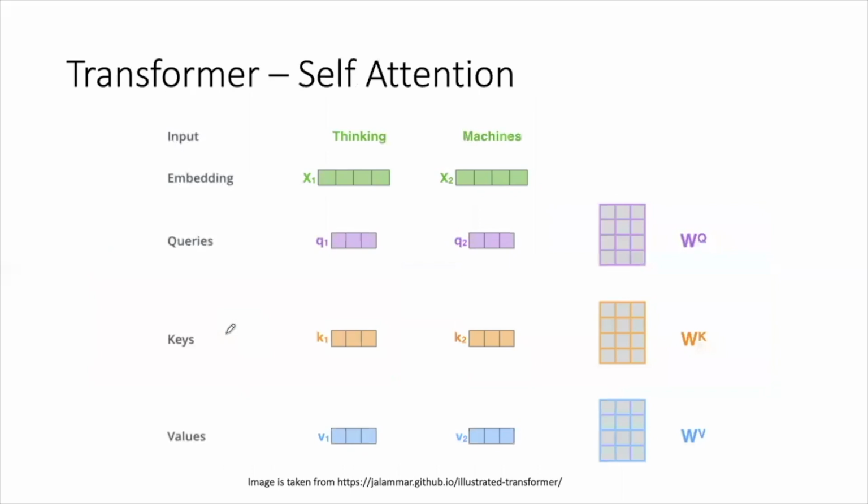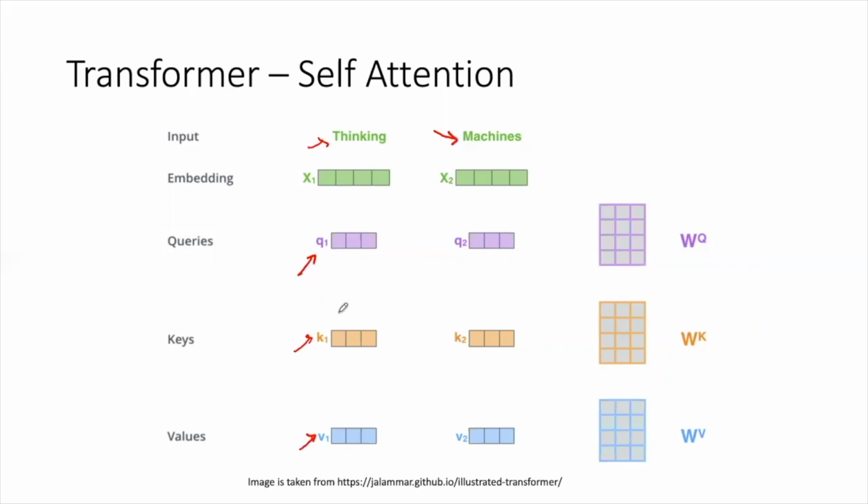Here we have two input words, thinking and machines. They are represented by the vectors x1 and x2. Those are the vectors to start with. Now, for each of these input words, we obtain a query vector, a key vector, and a value vector.